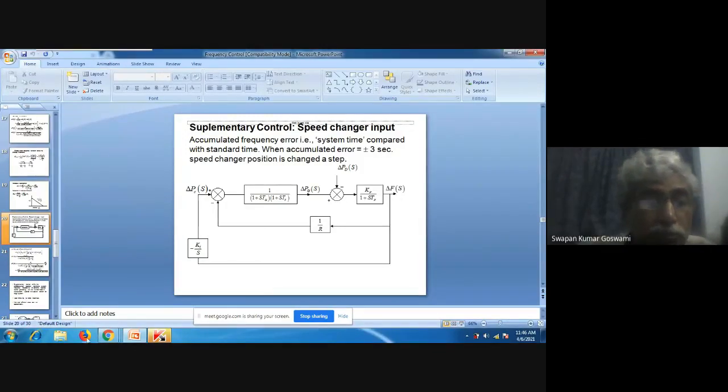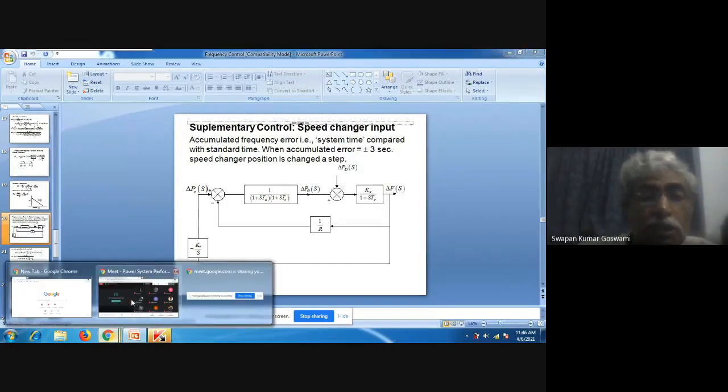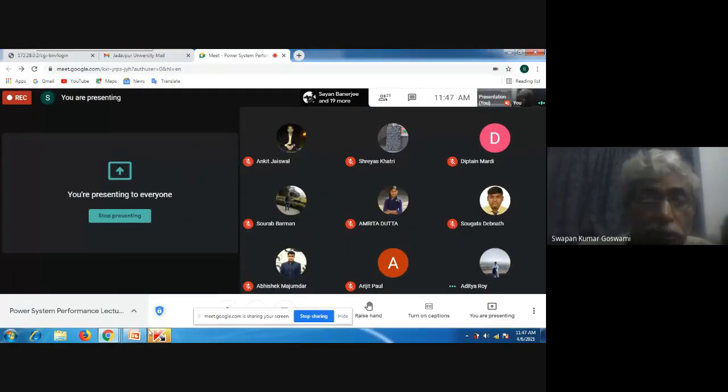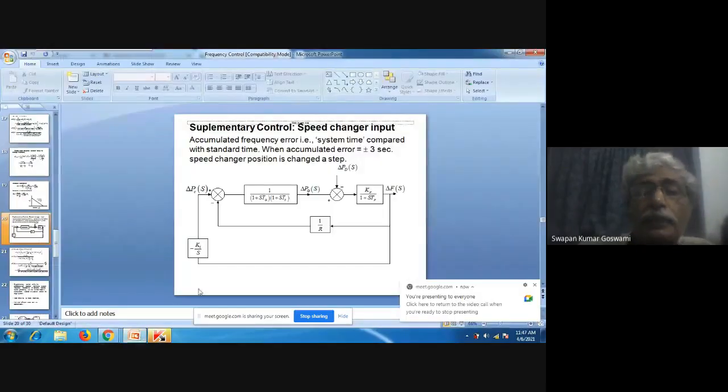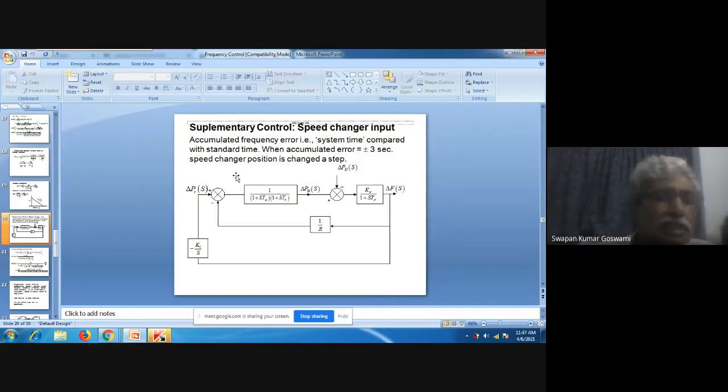Now let me see how much time is left, so accordingly we shall decide. It is 47. So shall I continue, or shall I leave it here? Because you said some of you have a laboratory. The discussion of how the supplementary or secondary control will be implemented requires some more explanation, and that will take time.